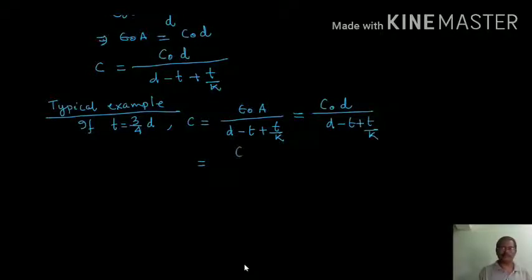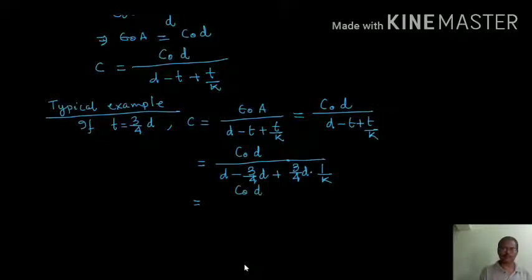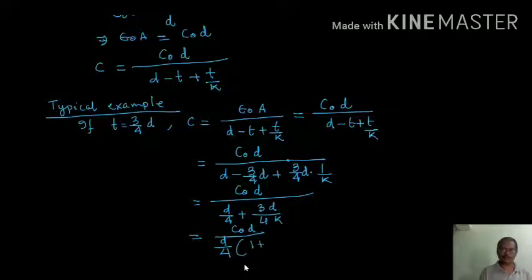Now C0 into d by (d minus 3 by 4 d plus 3 by 4 d into 1 by K). So this is equal to C0 d divided by (d by 4 plus 3d by 4K). So this is equal to C0 d by d by 4 into (1 plus 3 by K).